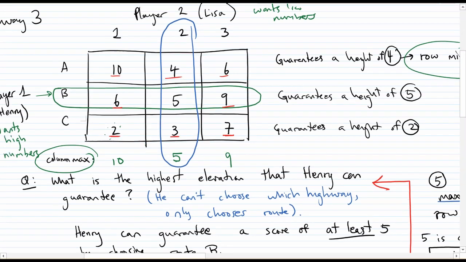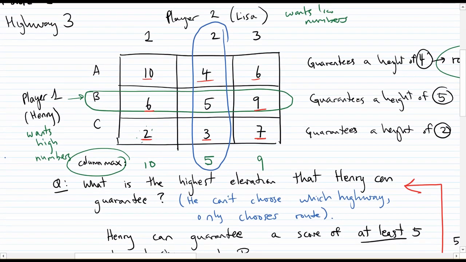So Henry playing his maximin strategy was to play route B. Lisa playing her minimax strategy was to choose highway 2. And the end result of that was them achieving the outcome of 5, which happened to be both of their maximin and minimax values.